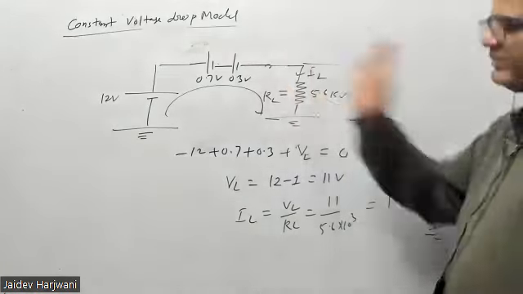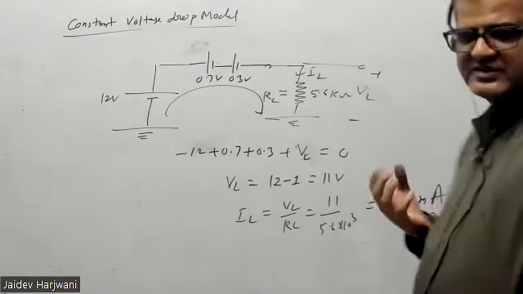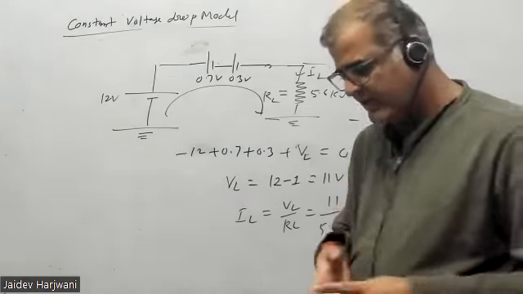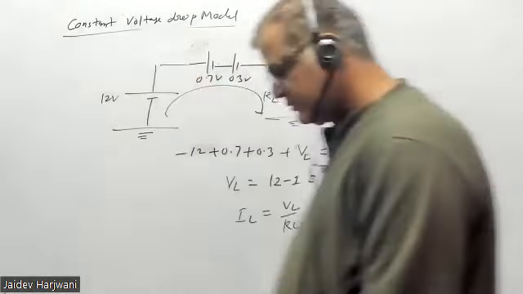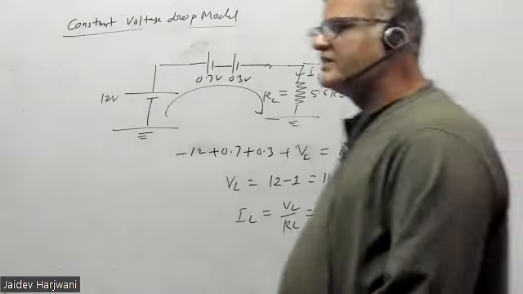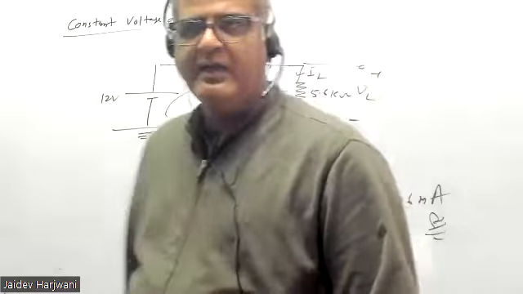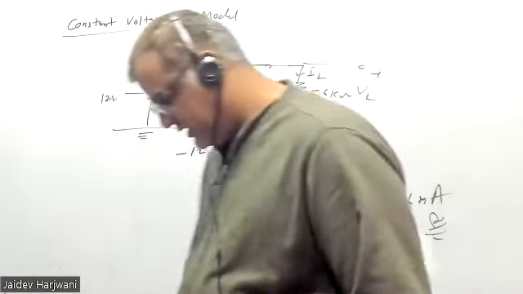So this problem tackles when the diodes are in series. What happens if diodes are in parallel? Okay, let's see that one. So now put a silicon diode and a germanium diode in parallel and apply some 10 volt there, and let us see what happens.